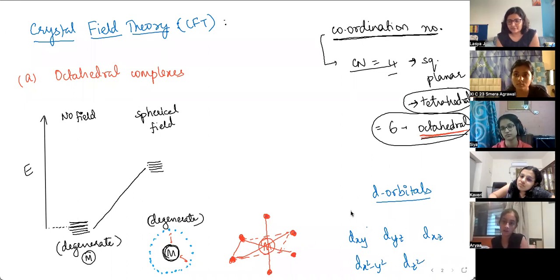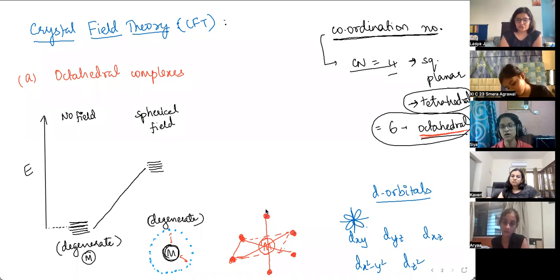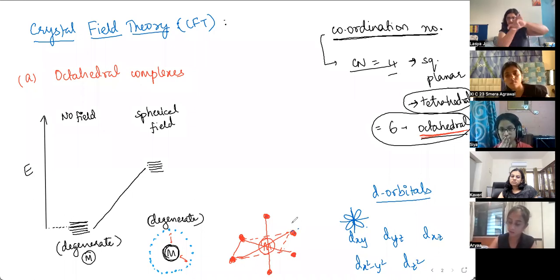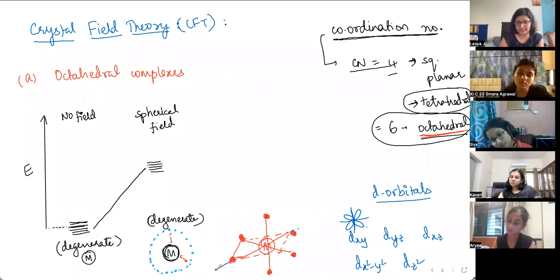So dxy, if you look at the shape, it is in between the x-axis and y-axis, right? So let's say, can you imagine 3D geometry? You have 3 axes: x-axis, y-axis, and z-axis. So imagine that, let's say this was x-axis, this is y-axis, and upper is z-axis.